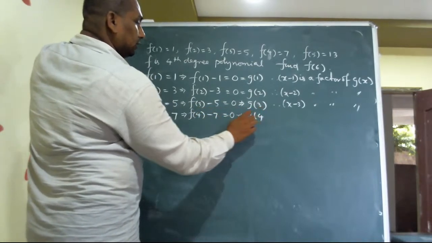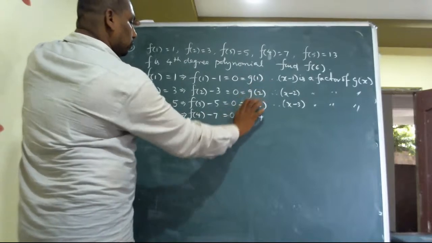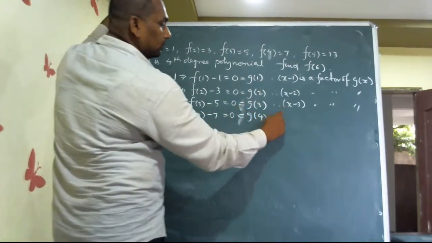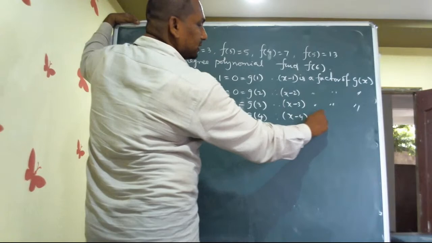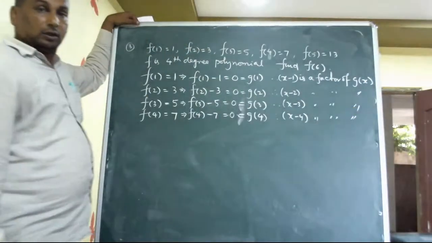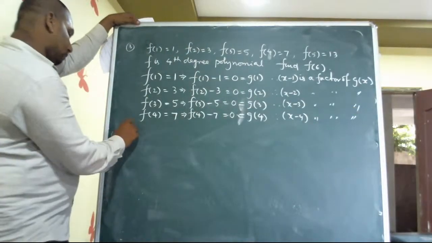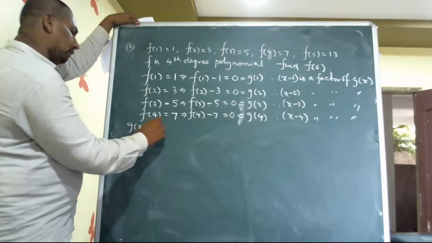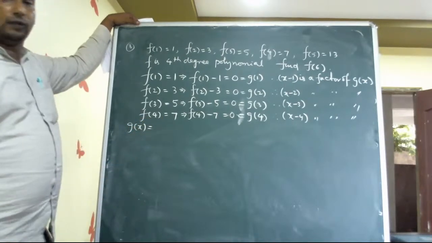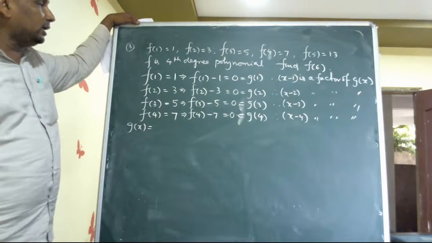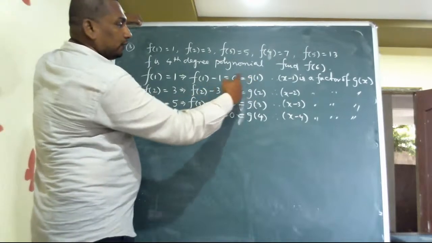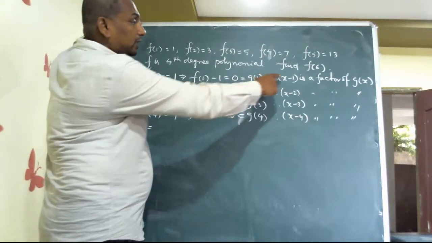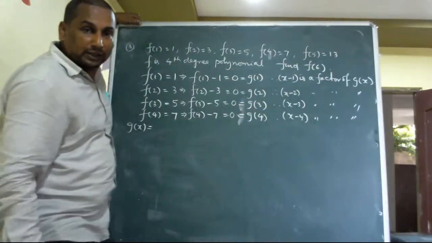That will be g of 4. So, therefore, x minus 4 is a factor of g of x. So, already we know if f of a equal to 0 means x minus a is a factor of f of x.